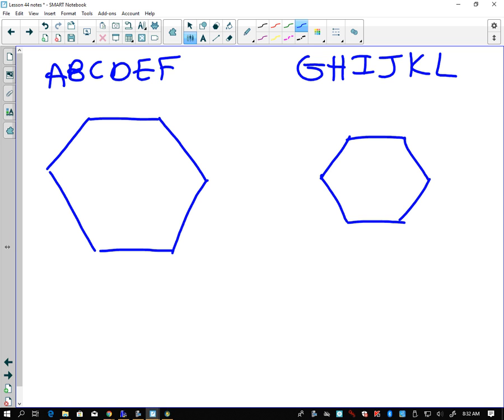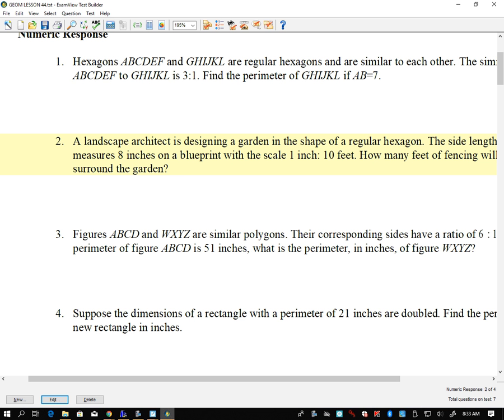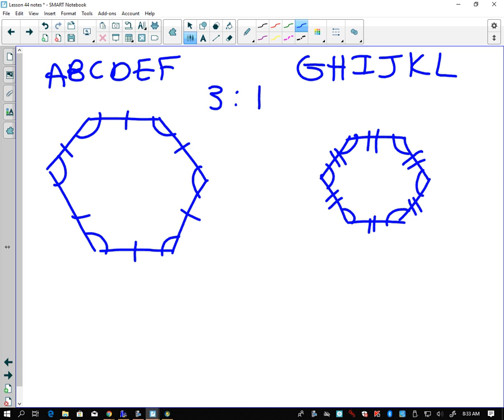Regular hexagon, meaning all of these sides are congruent to each other. And the similarity ratio is 3 to 1. Does it say AB is 7?